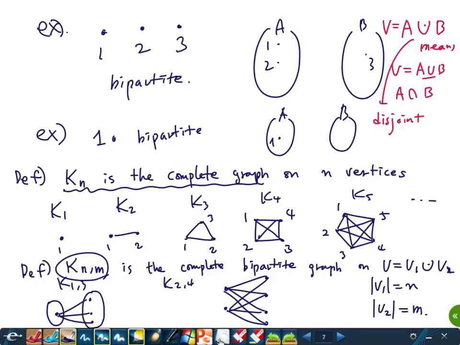Let's move on. So the next section is about paths and cycles. G is a graph.